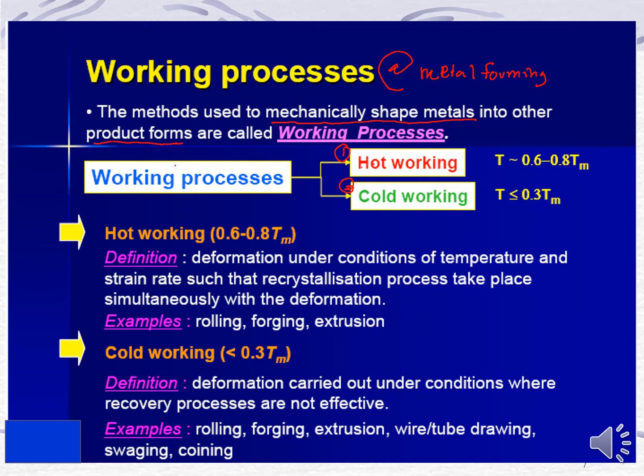Okay, for the hot working process, we heat the sample. The temperature during the process is in the range of 0.6 to 0.8 of the melting temperature for the metal.